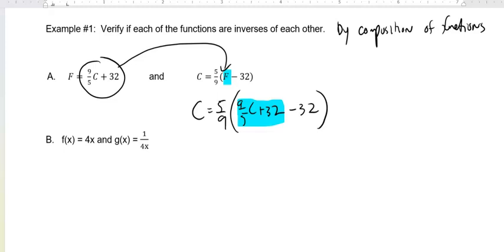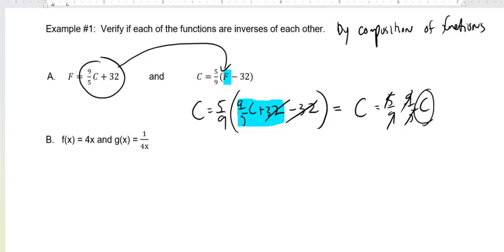You plug in F here. See what happens. 32 minus 32 is 0. And then you get C equals 5/9 times 9/5 C, and you end up with just the input variable.